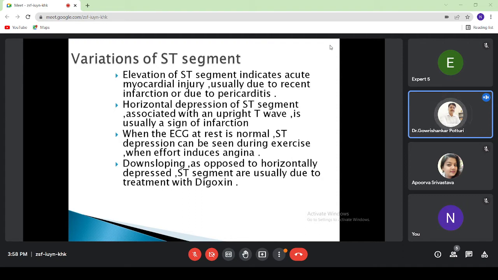If ST segment elevation indicates acute myocardial injury, suppose you have taken an ECG and observed on any lead that the ST segment has been elevated, it should be along with the isoelectric line.